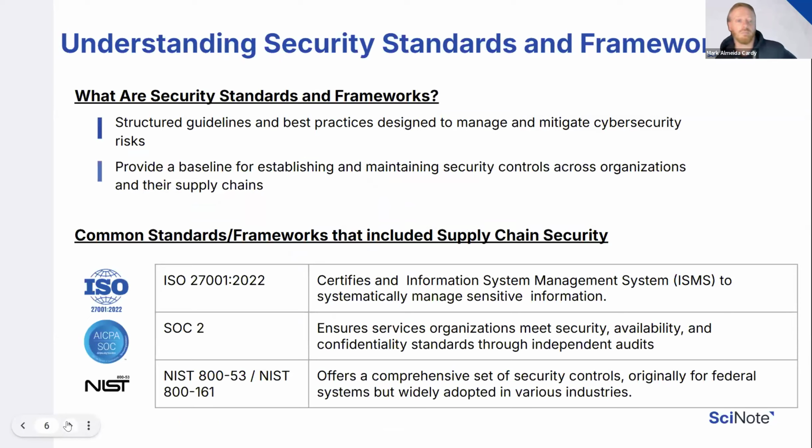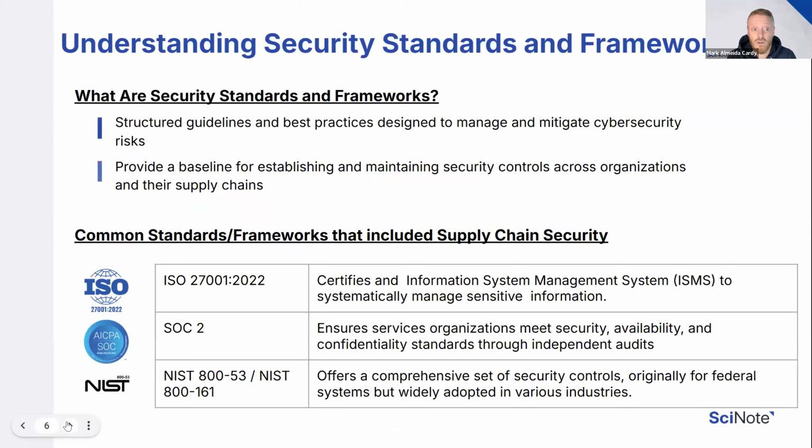Great, thank you. So let's shift across to the tools that we're using to manage these risks. We'll start by discussing security standards and frameworks. These are structured guidelines that help mitigate cybersecurity threats. For instance, ISO 27001 certifies a systematic approach to securing sensitive data.